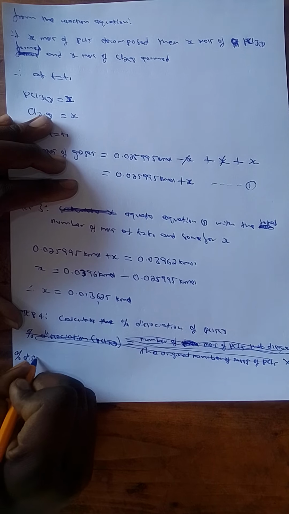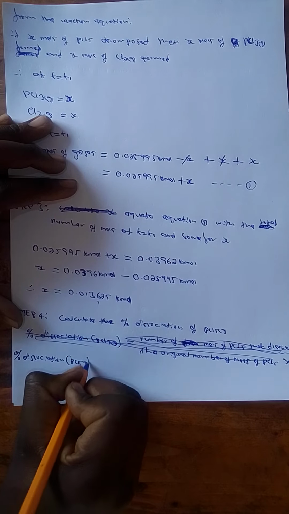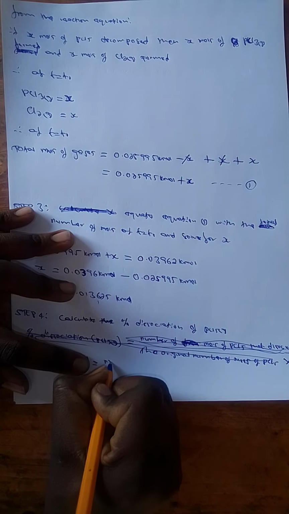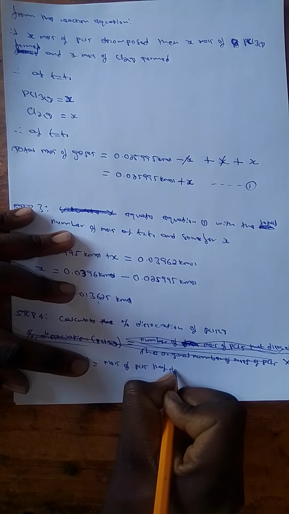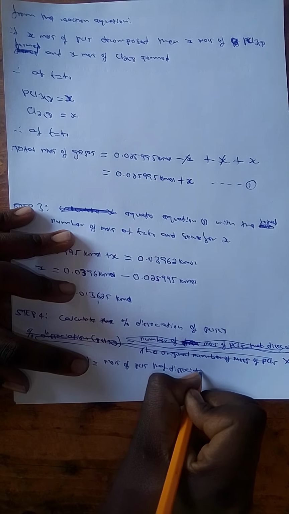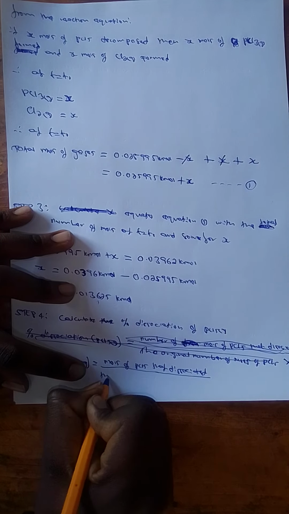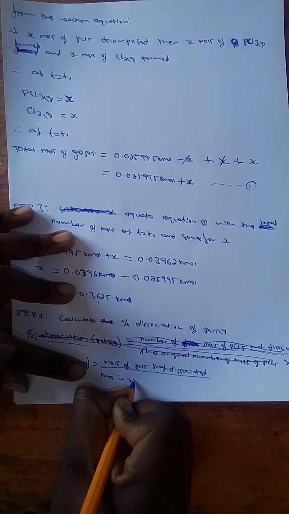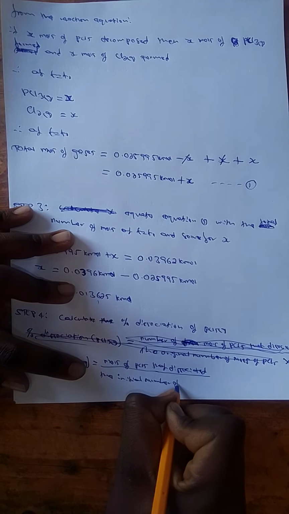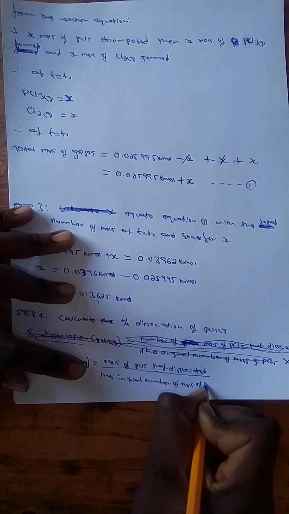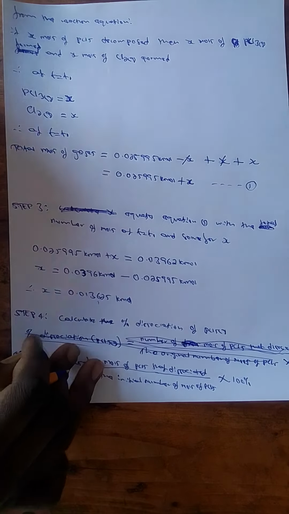Percentage dissociation of PCl5 gas is equal to the moles of PCl5 that dissociated, all over the initial number of moles of PCl5, everything multiplied by 100%.